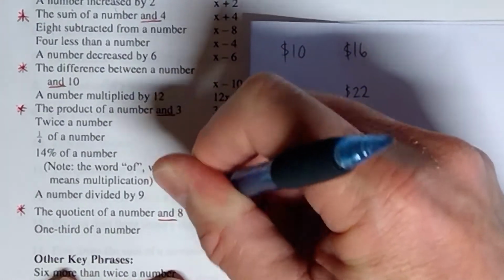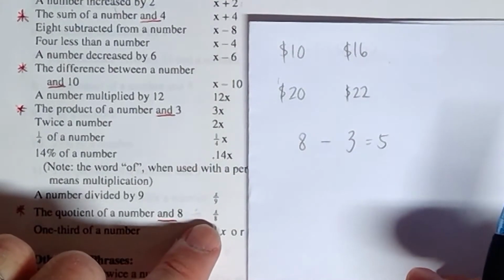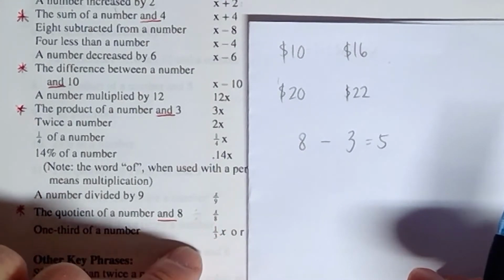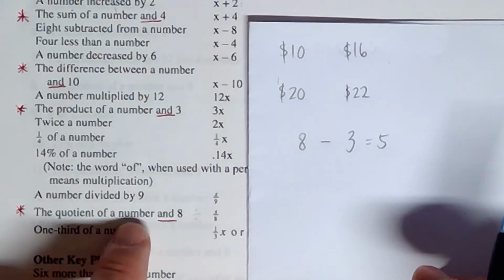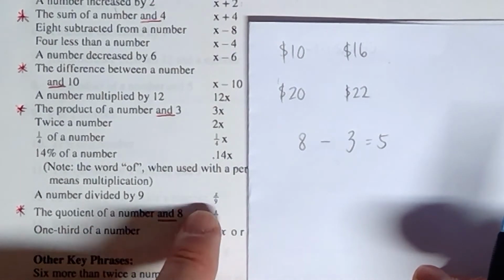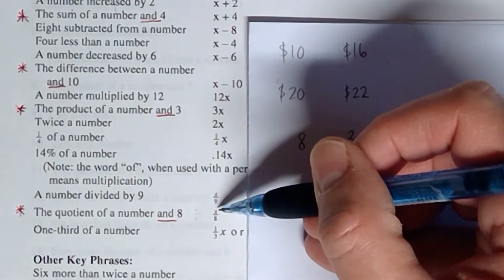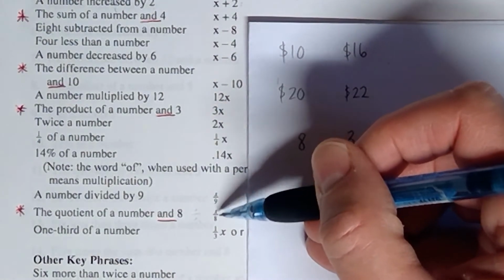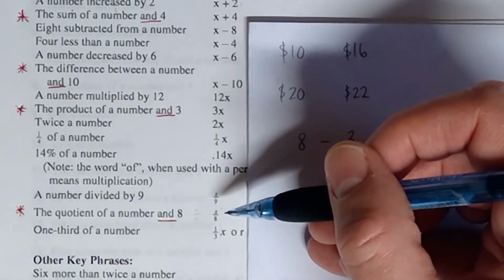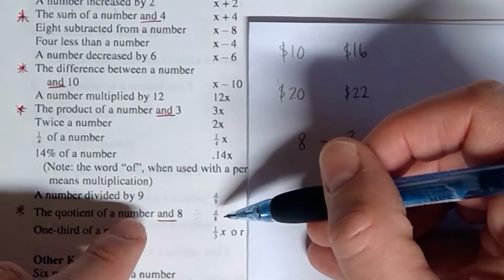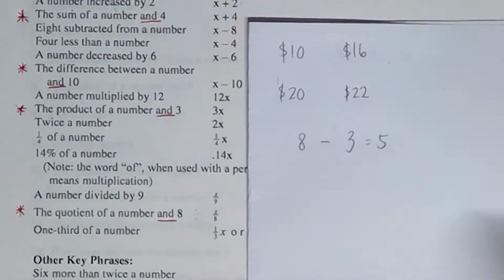And so what I want you to do, if you have to translate division, is use a fraction bar instead of the division symbol with the 2 dots and the line. So that's why I said x over 8, x divided by 8. Remember, it's always the top divided by the bottom, in that order. So don't write the x on the bottom. x divided by 8 means x on top, 8 on the bottom.